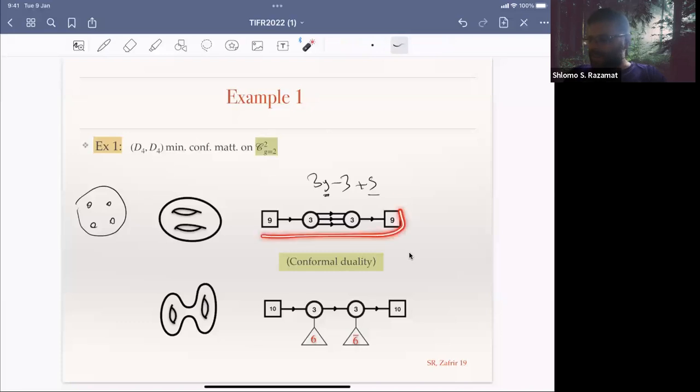We should expect certain limits in this conformal manifold where this surface degenerates, like you break this surface into 3 punctured spheres. In field theory, there might be something special happening. For example, it might correspond to these gauge couplings becoming free. Okay, and these are special points on the conformal manifolds.